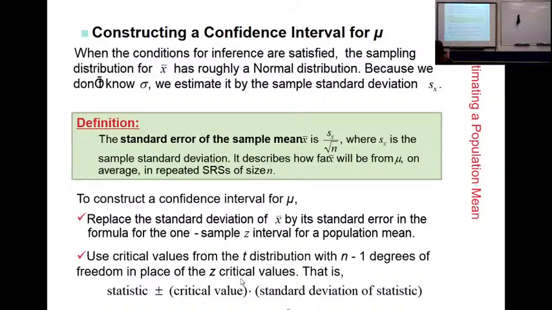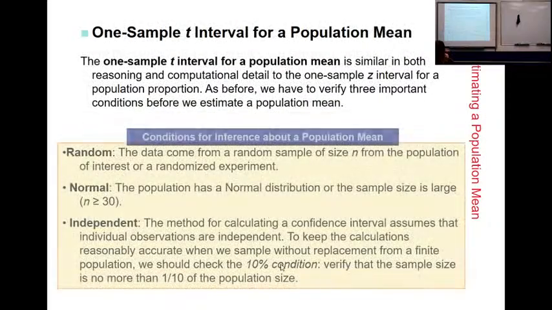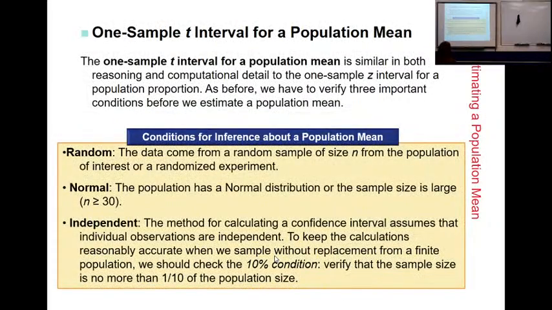And so jumping forward a little bit more, we still have our three conditions that we're going to check. It's still random, normal, and independent. Random and independent are going to be the same. For normal, instead of n times p and n times 1 minus p, we're going to check that our sample size is at least 30. Everything else is going to be the exact same process.